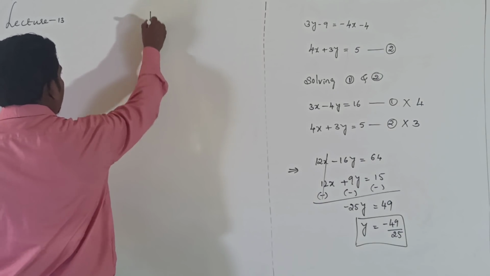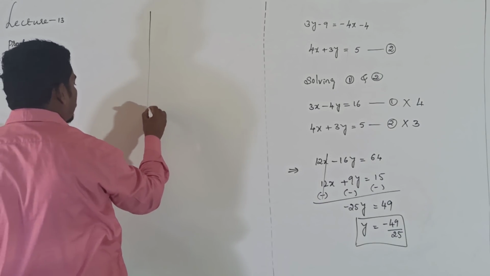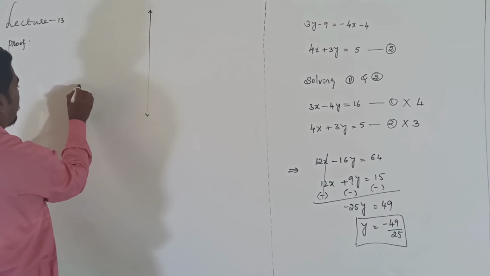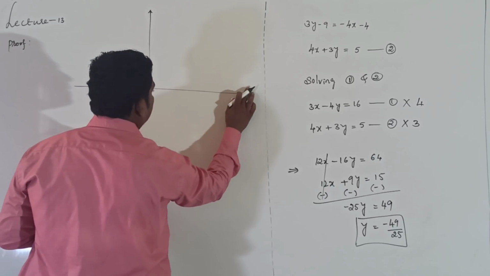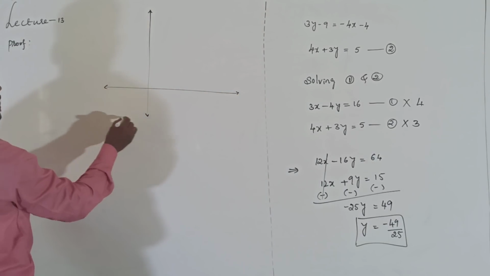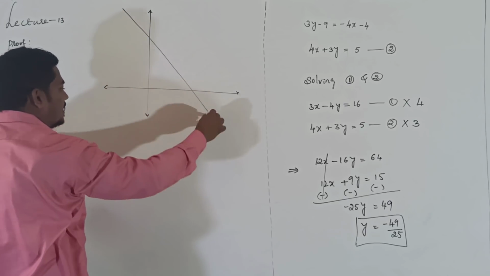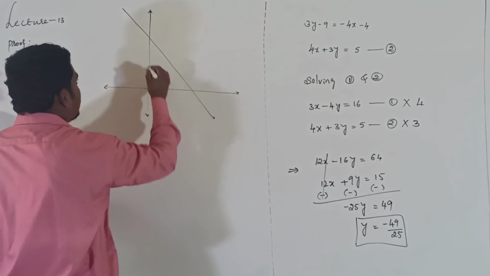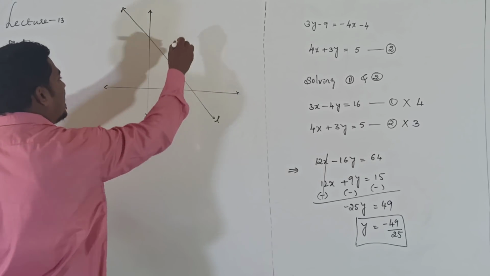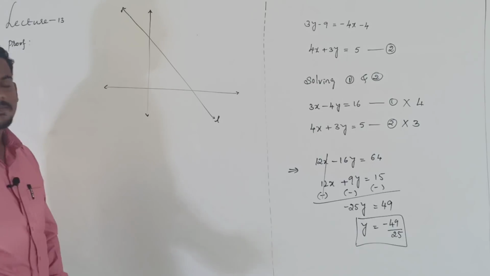Distance between point and line, right? Consider a 2D plane. Just consider a 2D plane and this is our line L and one point P is there.